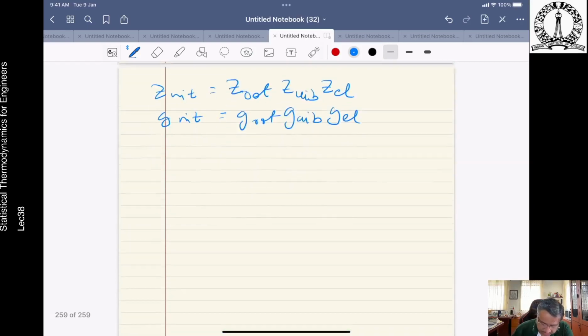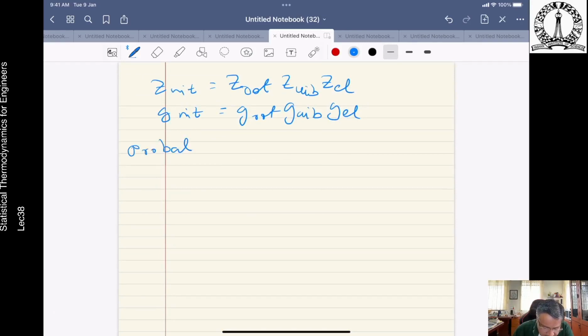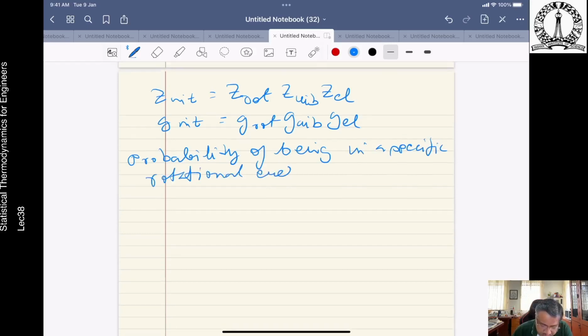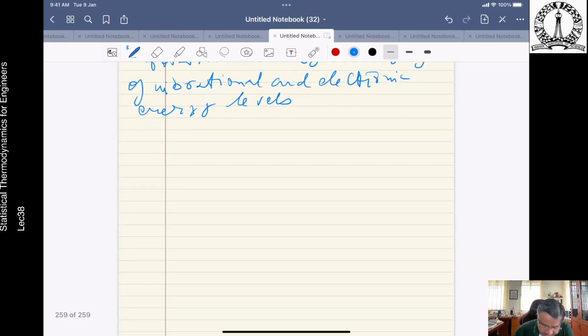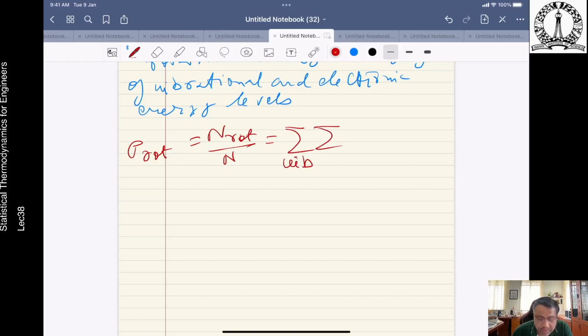Now, if we want to evaluate the probability of being in a specific rotational energy level, regardless of vibrational and electronic energy levels, we can say that P rotational is equal to N rot by N, which is a double summation over all the vibrational and electronic levels.